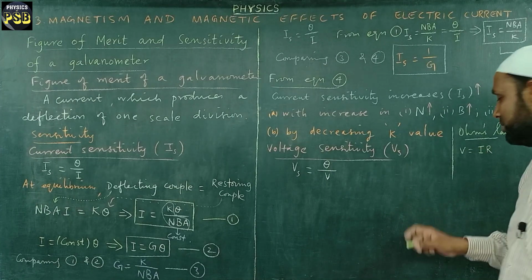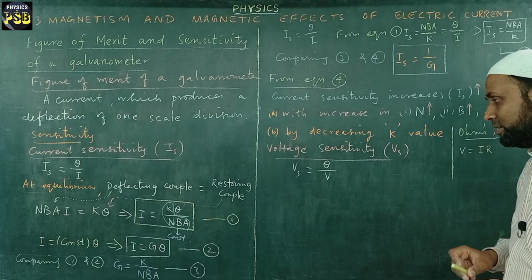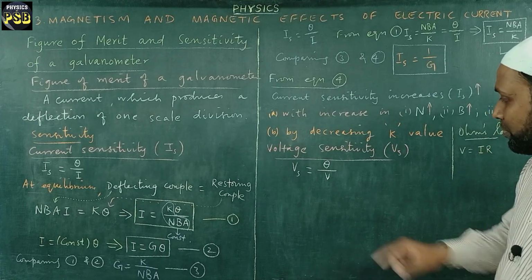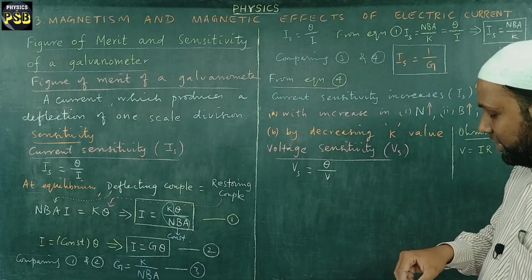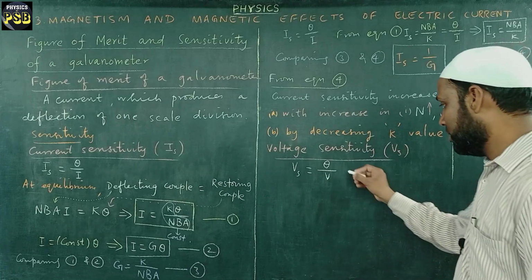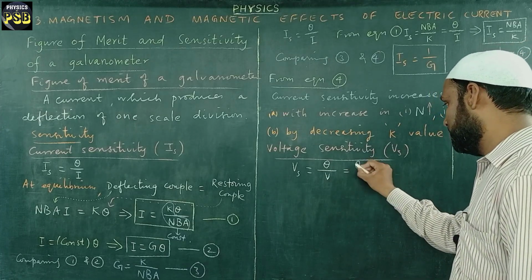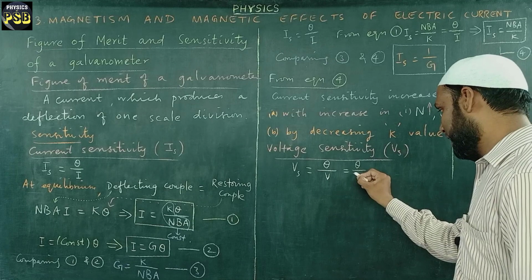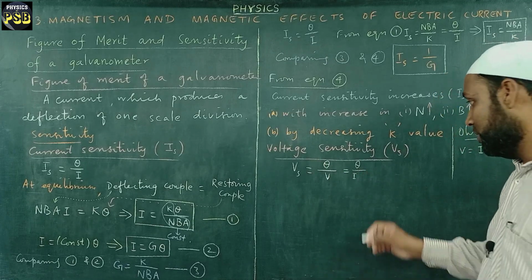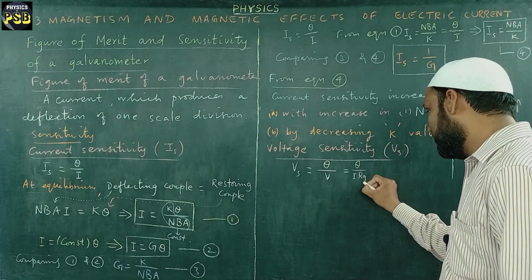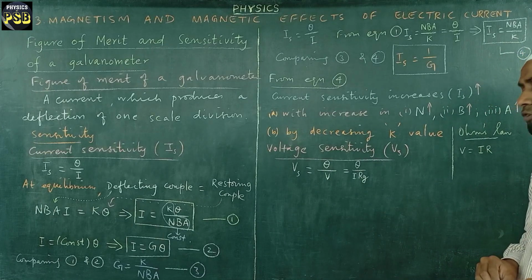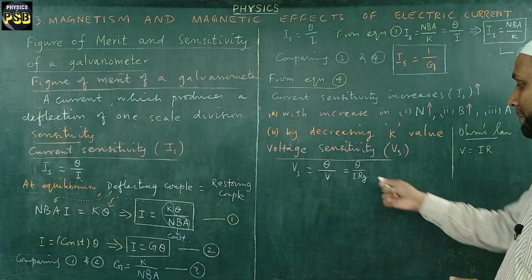From this relation, the value of V is written as Vs equals theta upon, in the place of V I write I R_g. I is the current flowing through the galvanometer, and Rg is the resistance offered to the flow of current by the galvanometer.